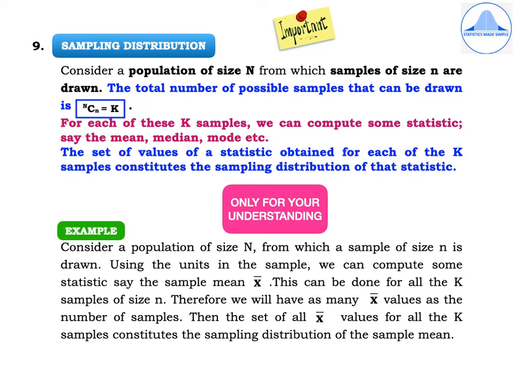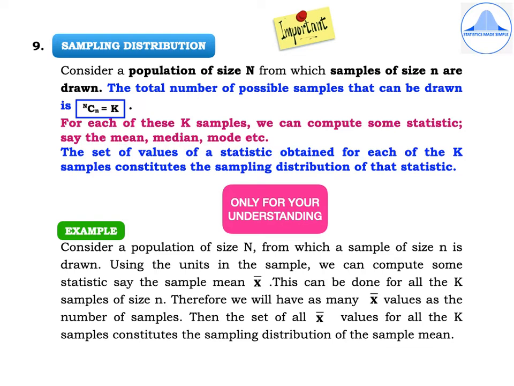So now I am going to explain this concept through an example. What I have highlighted in the pink colored box is only for your understanding, and you need not learn it thoroughly for the exam. So let me take an example to explain the concept of sampling distribution. Suppose I have a population of size capital N from which a sample of size small n is drawn.